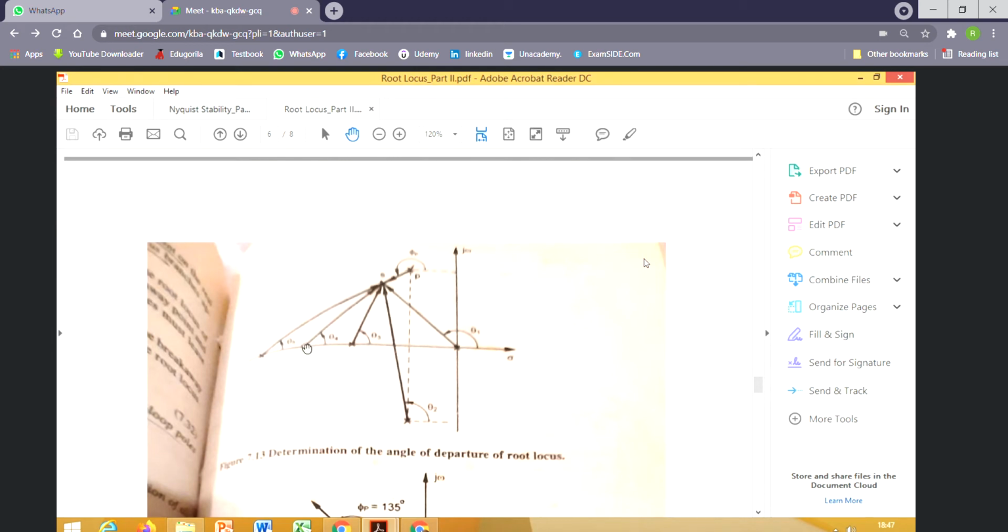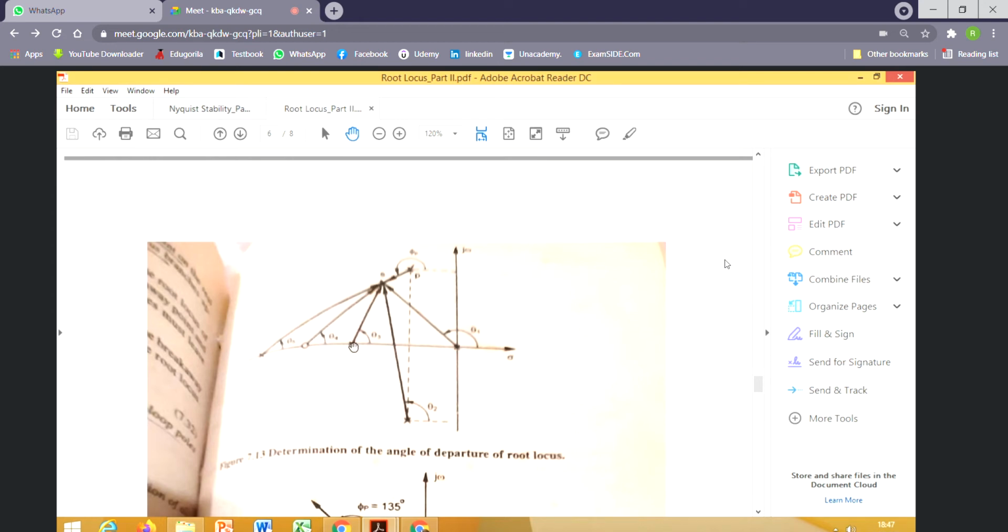From what we have discussed so far, it's clear that when the variable gain k is equal to 0, one root branch will originate from this open loop pole.